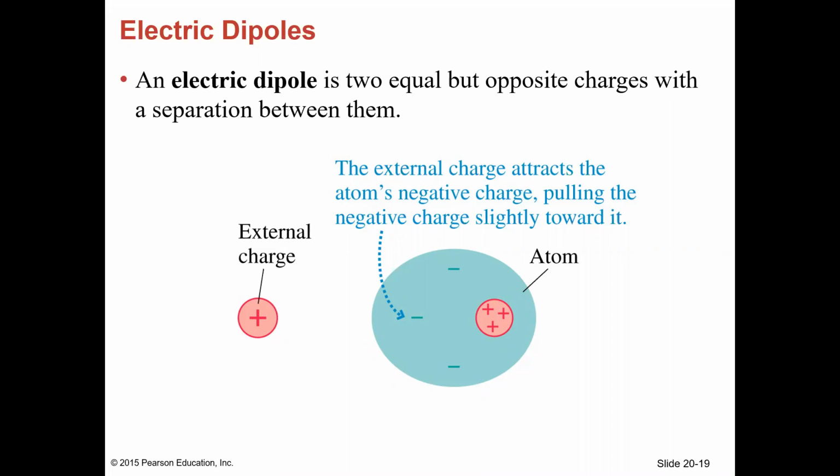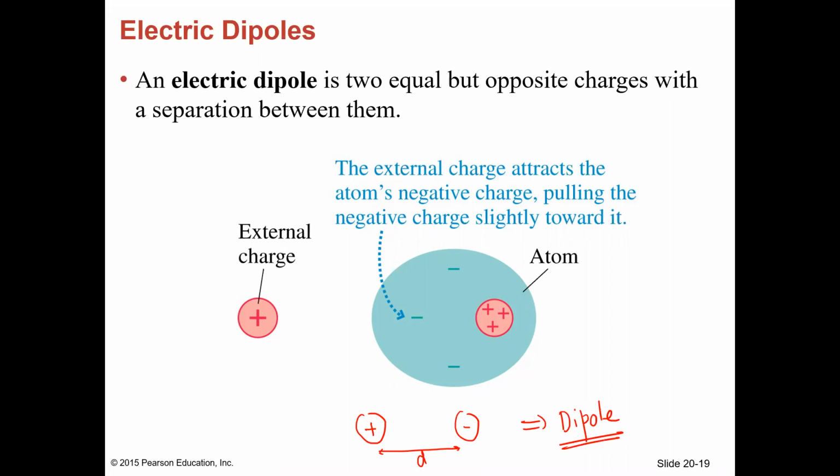So you have a bunch of positive charges, 3 positive charges here, and 3 negative charges, so equal amount of charge, but they are separated by some distance. When you have two opposite charges, net positive and net negative, separated by some distance, this configuration is called a dipole.